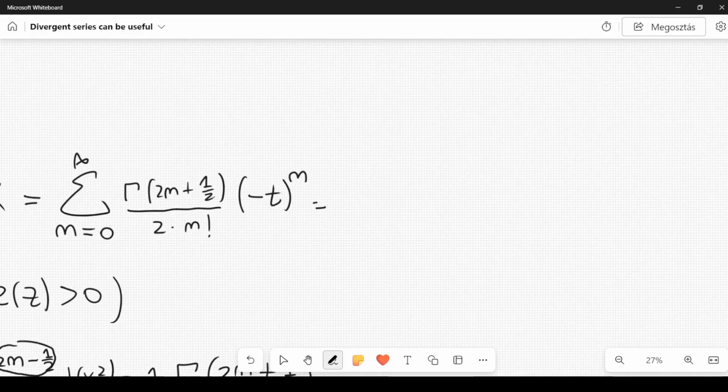So let's call this term g of t. Let's evaluate the first few terms of g of t. Now you can evaluate the first few terms of this gamma function, for example, by resorting to Wolfram Alpha. And the first few terms give us the following for g of t.